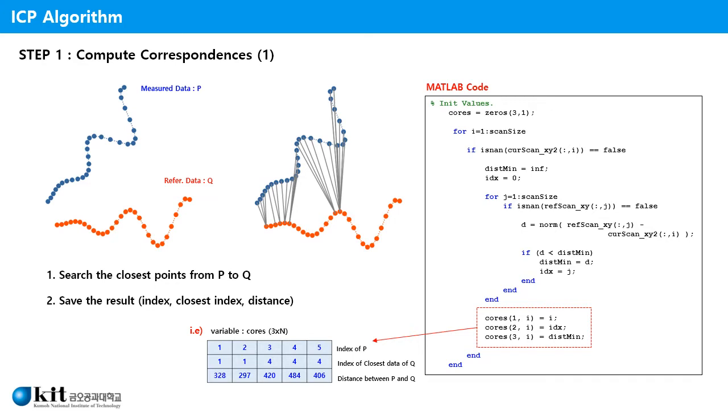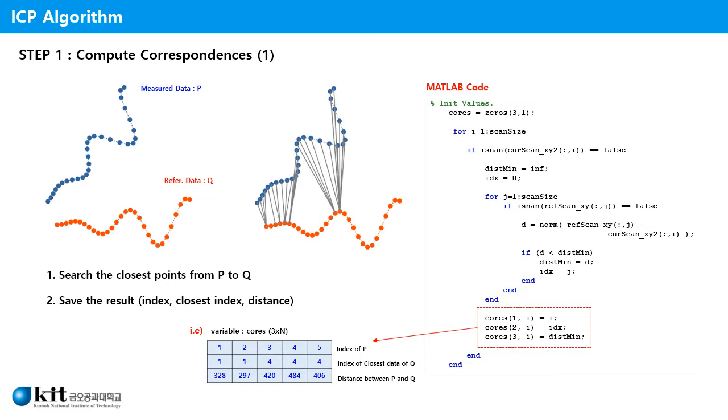None is not a number, so we have to ignore these none values. After calculating the distance, save the information of the nearest point, the index of P, the index of Q, and the distance in a variable called correspondence. It is the same as a 3 by n matrix or array variable.